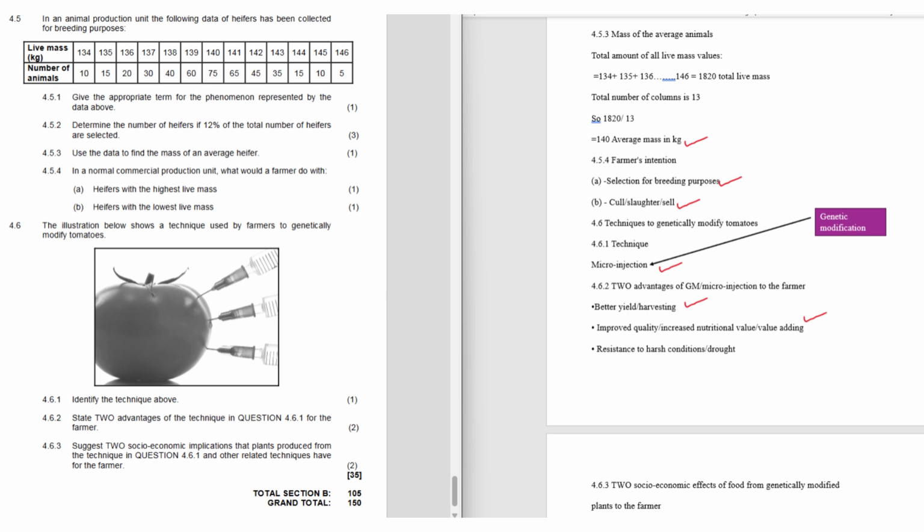And 4.6: the illustration below shows a technique used by farmers to genetically modify tomatoes.